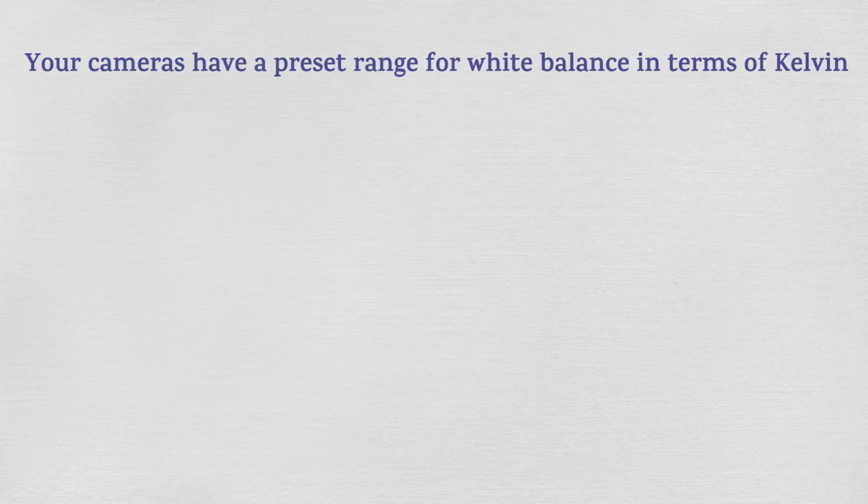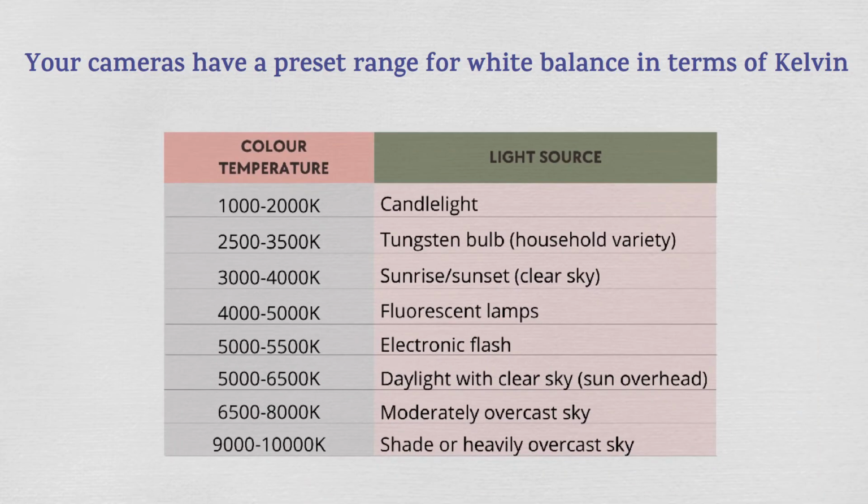Your cameras have a preset range of white balance like light sources, candle light, tungsten bulb, sunrise, etc. These have a color temperature range, and you can set them for the type of light which you are using for taking the images. What happens to your image with a white balance which is cool or warm?